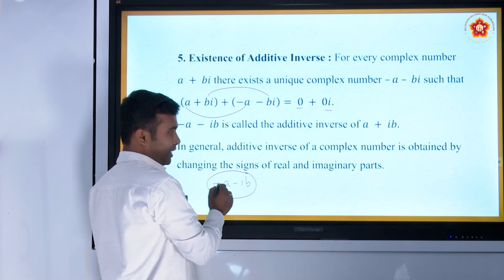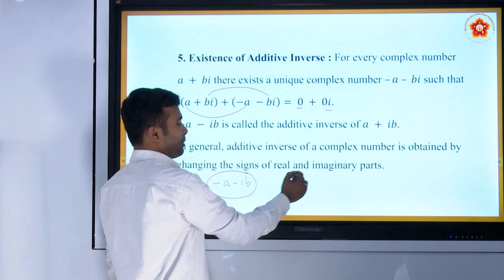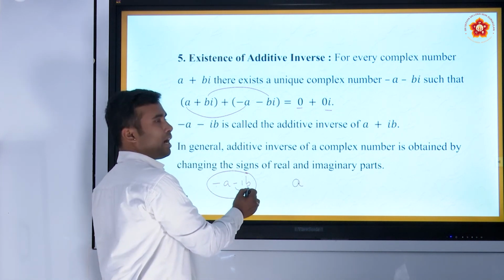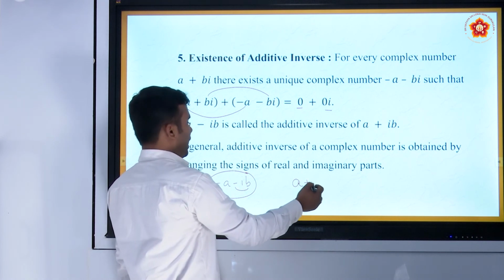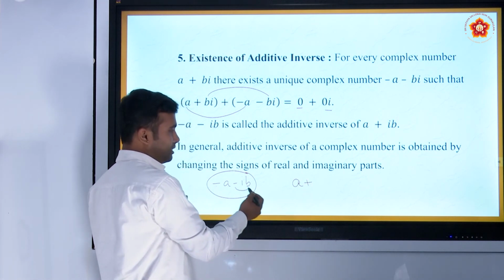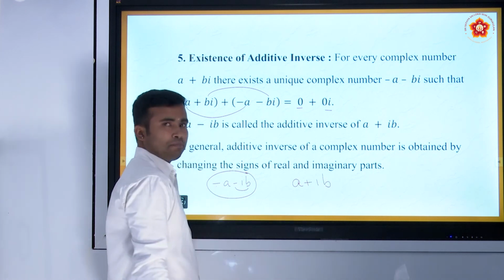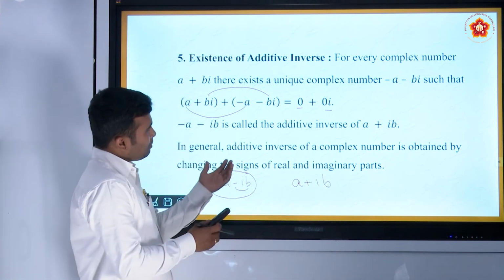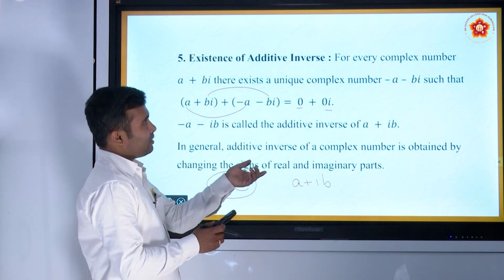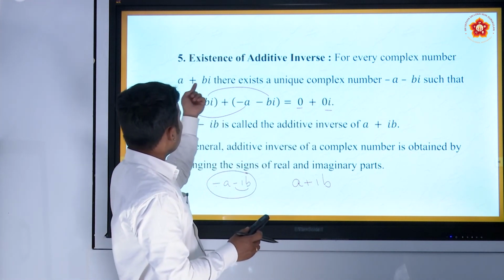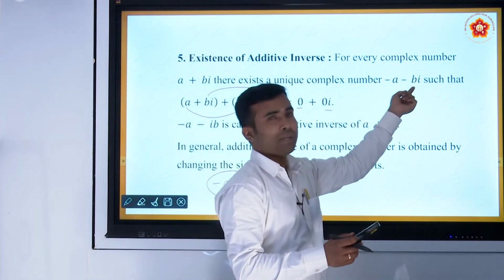The sign is minus here, so I have to change it to plus a. And what is the imaginary part? Minus b. I have to change its sign, minus to plus, which is plus b. I'm telling that in reverse way. Understand? So here the additive inverse of a plus bi is minus a minus bi.